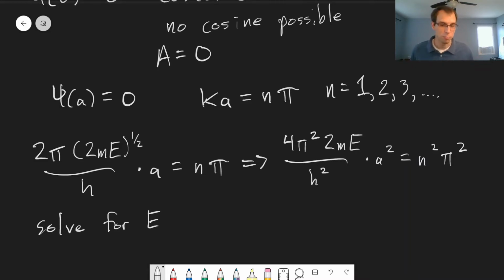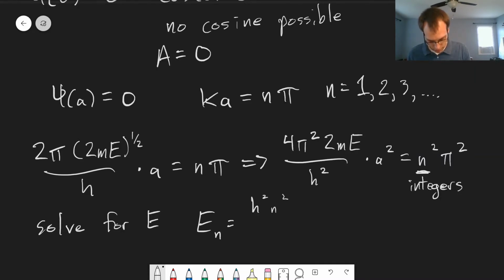And remember, what we're going to find is that it's going to be quantized. It's not going to be any possible energy that this particle in the box can take, but only specific values of energy. And that's showing up because, again, we have our integers here, this n squared. So if we rearrange this, we get E, which depends on n, is equal to h squared times n squared divided by 8ma squared.